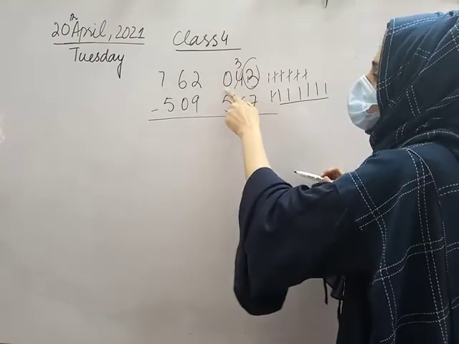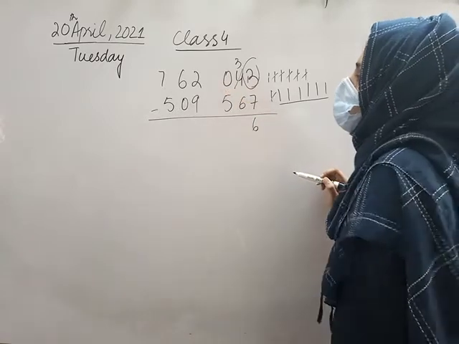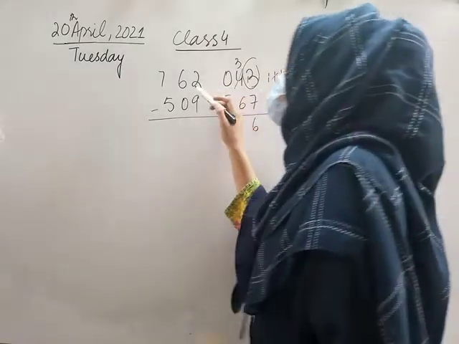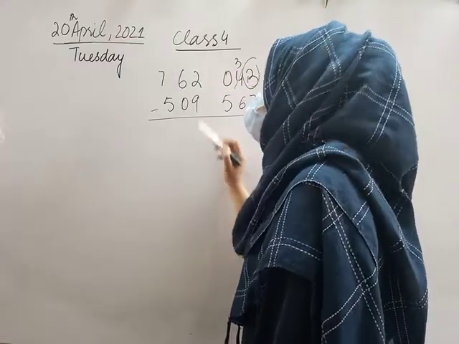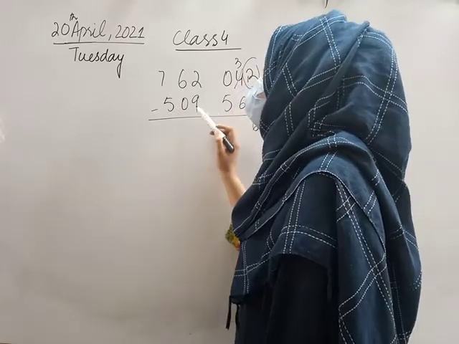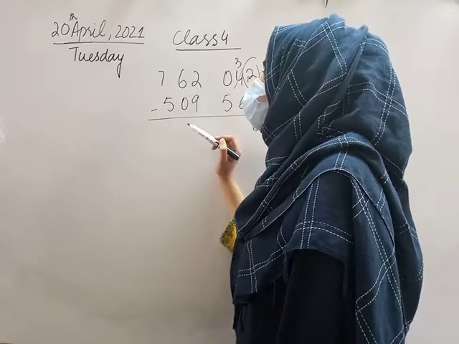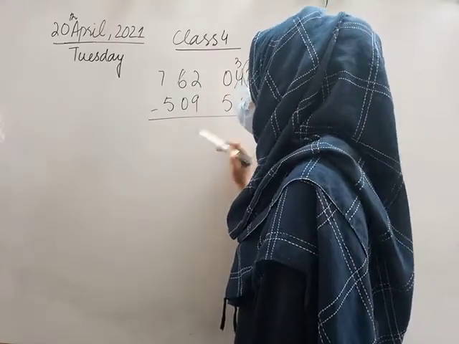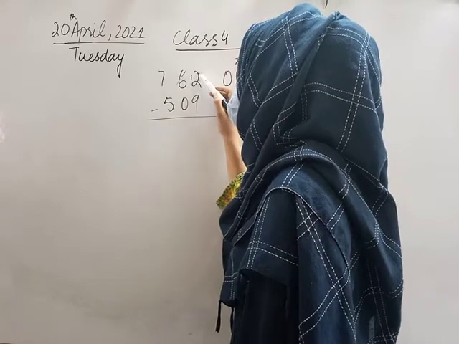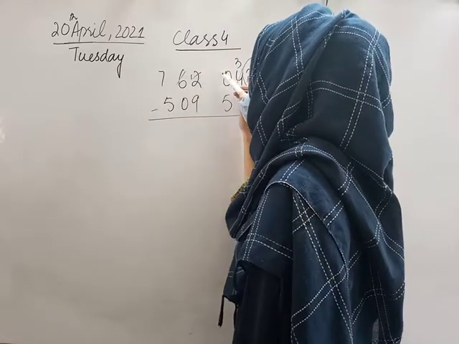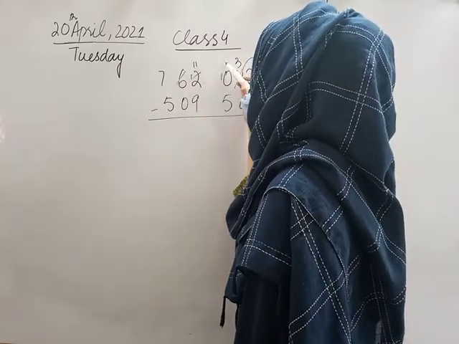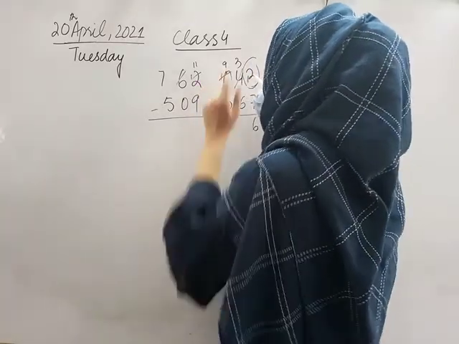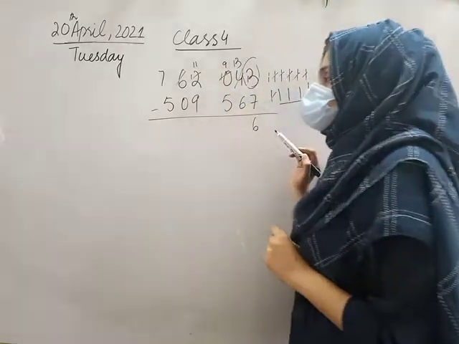No. मैं नेक्स्ट नंबर को देखूंगी कैरी लेने के लिए, लेकिन वो भी क्या है? 0. सो इस 0 में से भी subtract नहीं हो सकता. मैं नेक्स्ट नंबर को देखूंगी which is 2 again. सो 2 से भी अगर मैं कैरी लेती हूँ तो नीचे क्या है मेरे पास? 9. So that's why I will take carry from 6. 6 से मैंने कैरी लिया तो यहाँ पे बन गया 12. Then again मैंने कैरी लिया, ये बन गया 11 और ये क्या बन गया? 10. बट मैंने अगेन जब यहाँ से कैरी लिया तो ये बन गया 9 and this will make 13.